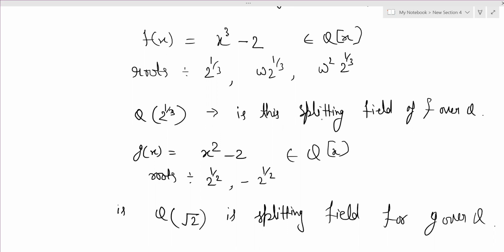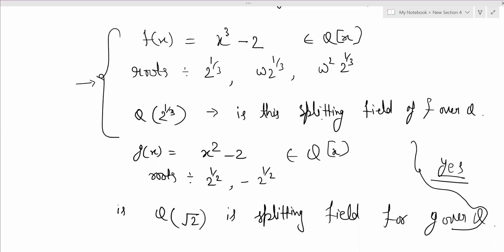Yes, because it can be expressed as linear factors with coefficients in Q(root 2). So you gave a justification. Muthukumar gave a justification. So what about this one?